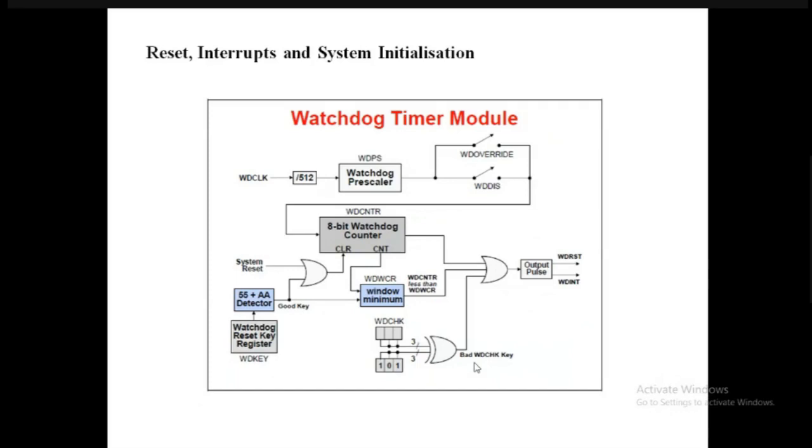Then we saw the Watchdog timer module. As I told you, the Watchdog is a kind of security guard which is watching whether your algorithm is working properly or not. There is one inbuilt 8-bit counter, that is, it can count from 0 to 2 to the power 8. So in that counter, if your main CPU clock is servicing it regularly, then it's fine, that counter will work well.